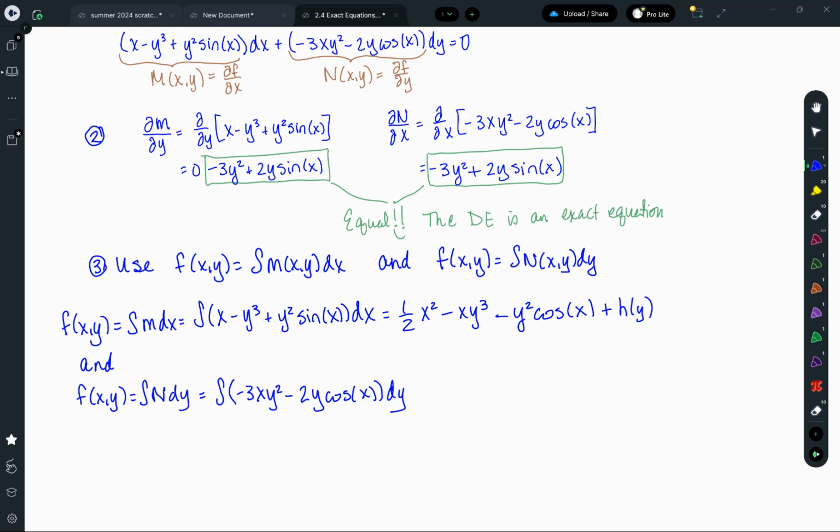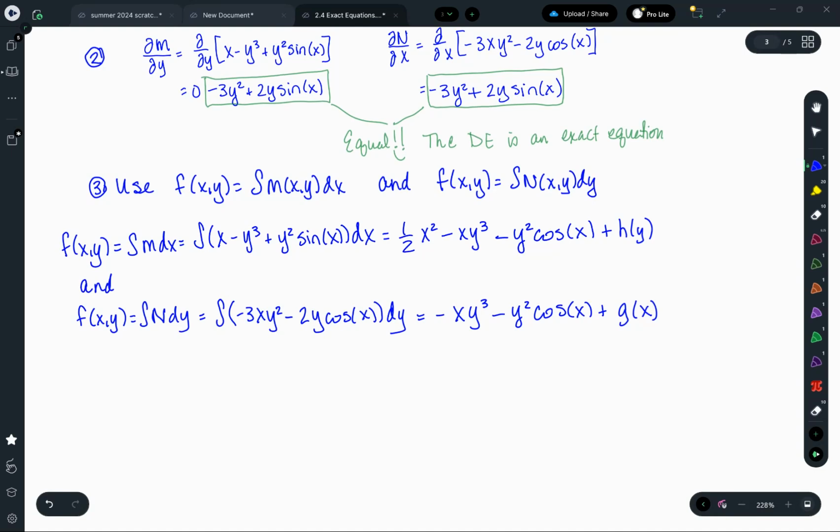The antiderivative of y squared is 1/3 y cubed, so I get a negative xy cubed because the 3's will cancel out. The antiderivative of the minus 2y cosine of x, we're just focused on the y. The 2 and the cosine of x are constants, and the antiderivative of y is 1/2 y squared, and the half will divide out with the 2, so I just get minus y squared cosine of x, plus some possible g of x, which is my constant of integration.